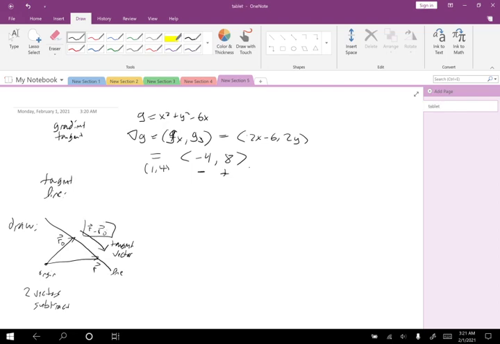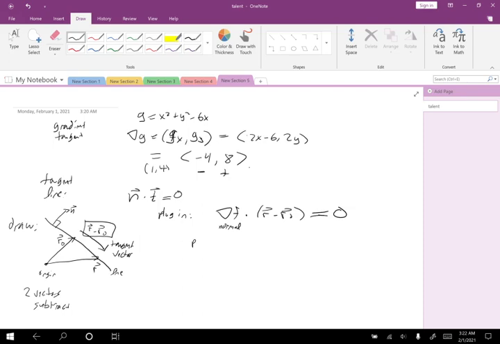So this is a tangent vector, and r lives in the line. So the tangent line equation is that the normal vector times the tangent vector is 0. They are orthogonal. Remember the gradient is normal to the curve at that point, and times the tangent vector r minus r naught, this gives you 0.